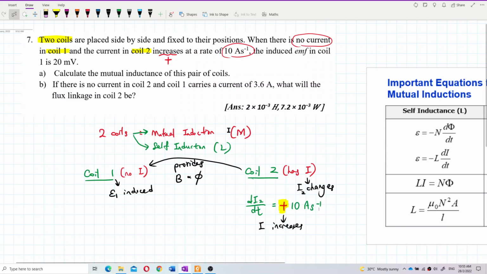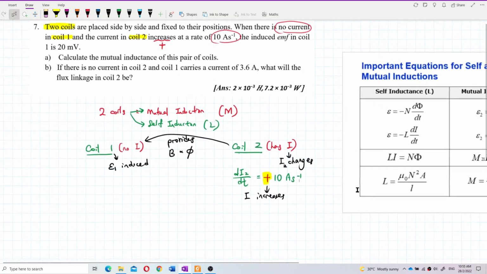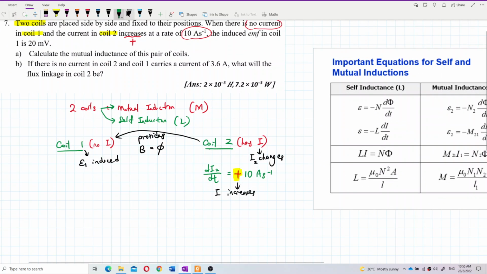If the current decreases, you must put a negative sign. Don't forget the negative sign.